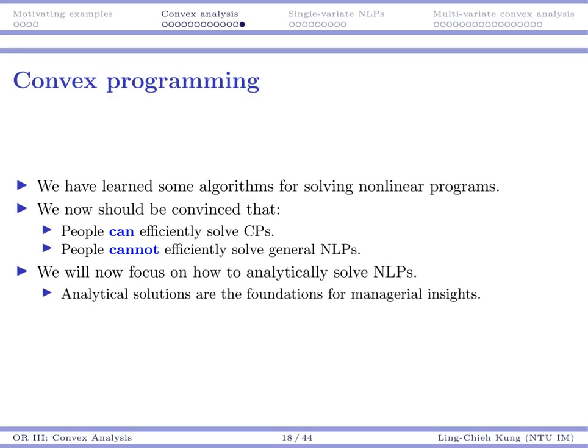Let me give a quick conclusion of this section. We have learned a lot of algorithms in the past, right? Gradient descent, Newton's method. At that moment, we had no way to check whether the reported solution is really globally optimal. All we know is that, well, it shouldn't be too bad.